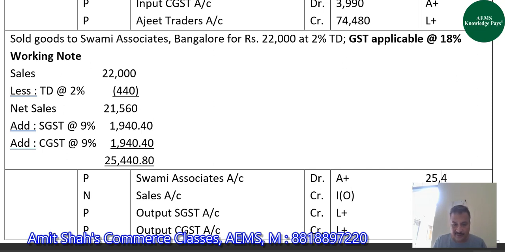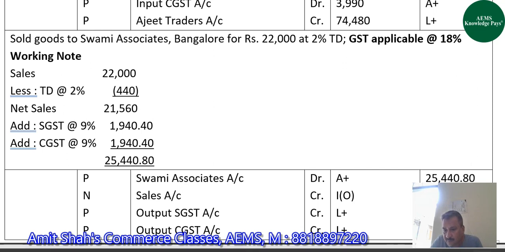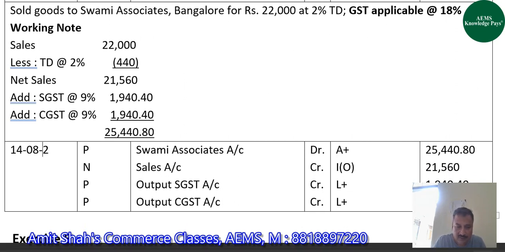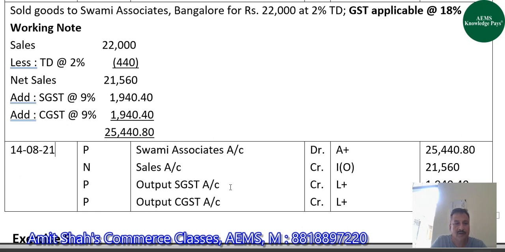The amount is 25,440.8, which we have to recover from Swami Associates. Sales amount is 21,560. 1,940.4 is the amount of output SGST, and same is for output CGST. Note down, guys, this much.